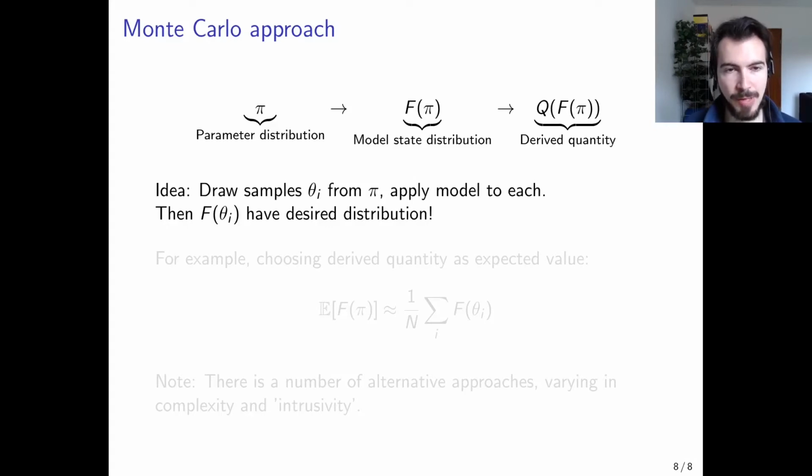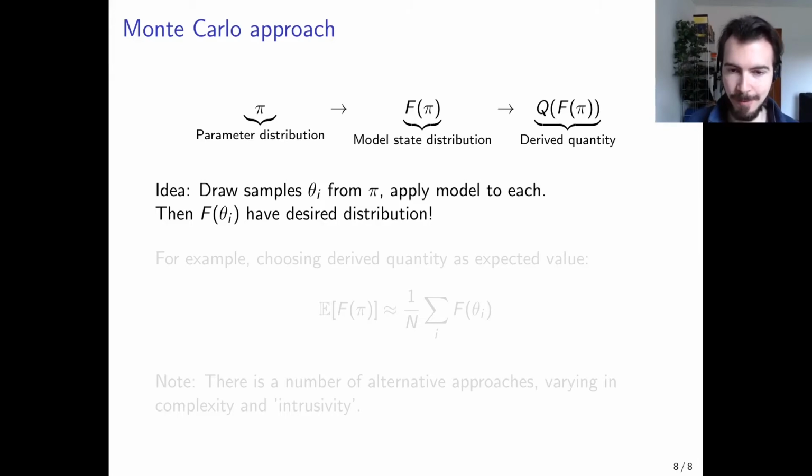The Monte Carlo approach is one which is quite universal and in principle very easy to understand. The idea is we just draw samples rather than wanting to represent the entire distribution being mapped through the model, leading to something very complex if you want to do it analytically.